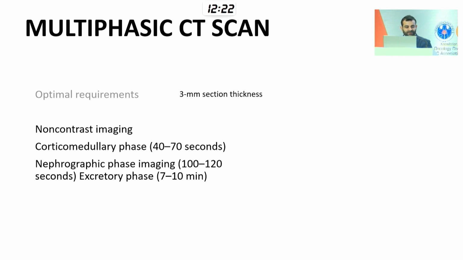The next phases are corticomedullary, which is taken at about 40 to 70 seconds, the third is nephrogenic phase, and the last is excretory phase. For diagnosis of a small renal mass, 3 of these phases are mandatory and the other 2 are optional. So non-contrast, nephrogenic and excretory are mandatory, and corticomedullary is somewhat optional.